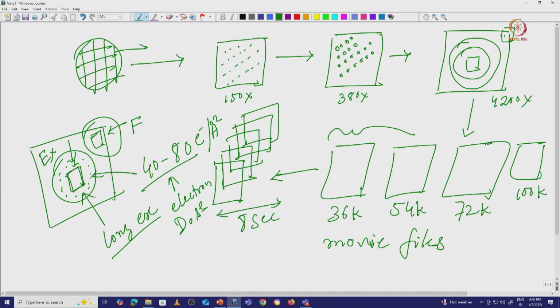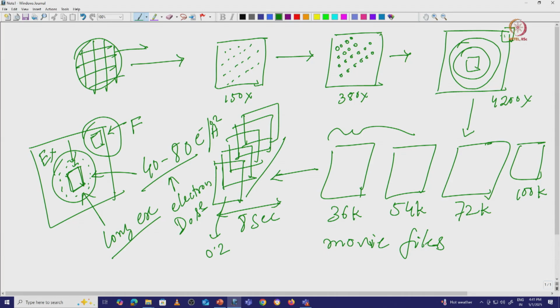So, you just consider that every frame your exposure is 0.2, and then you are collecting some 40 frames, or you are collecting some 20 frames.